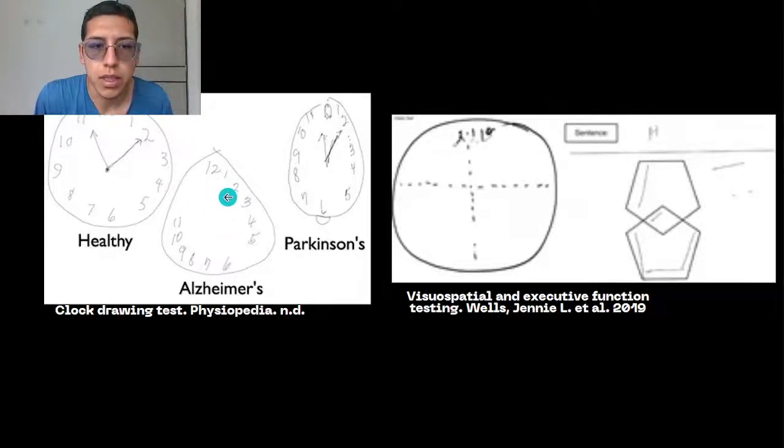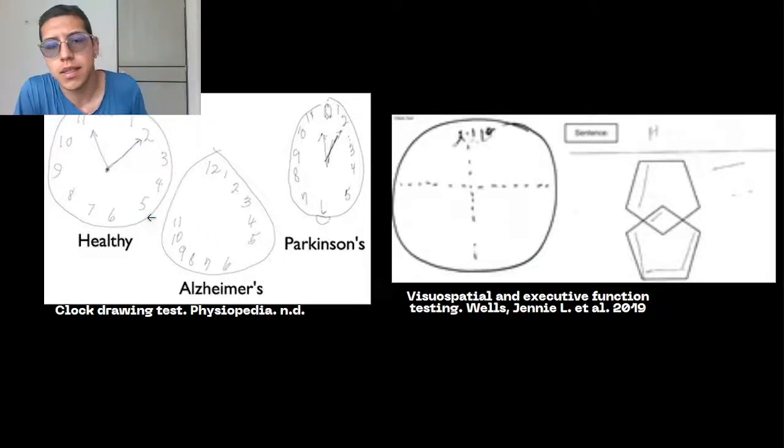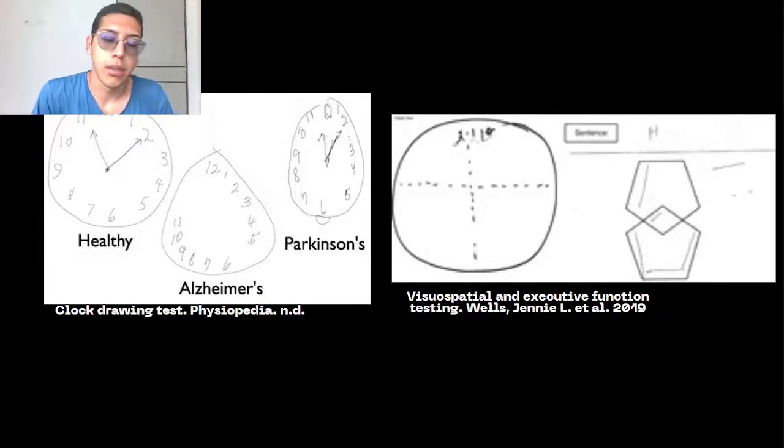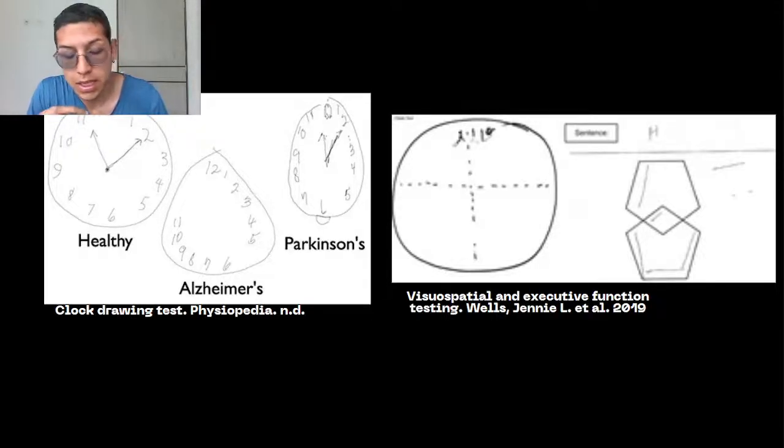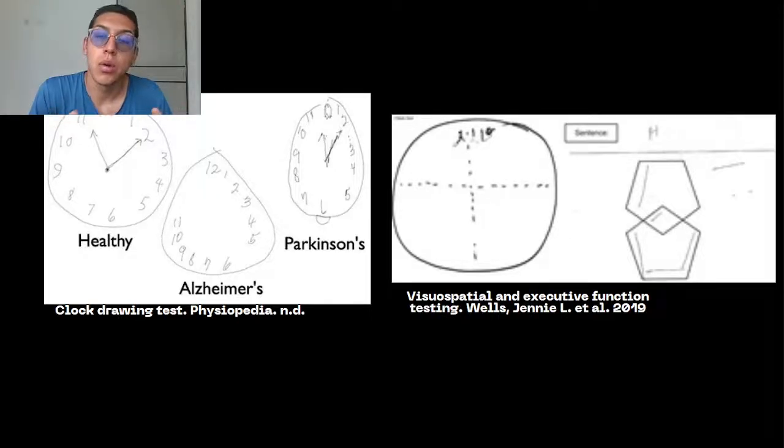And on the right side, we can see an evaluation of visual, spatial, and executive function, because people with Alzheimer's can be disconnected from reality. So in some cases, they wouldn't know where they are, or what time it is, or in which year we are, for example.